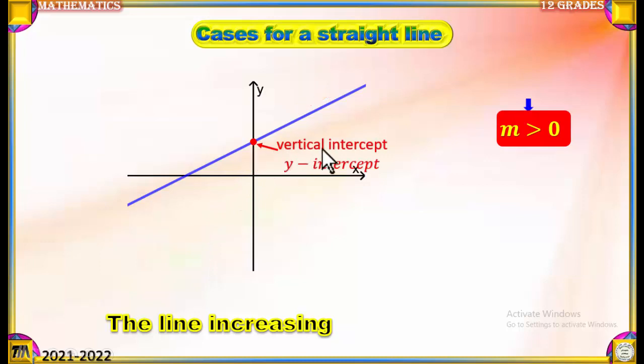The first one, vertical intercept or y-intercept. The second one is the horizontal intercept or x-intercept.